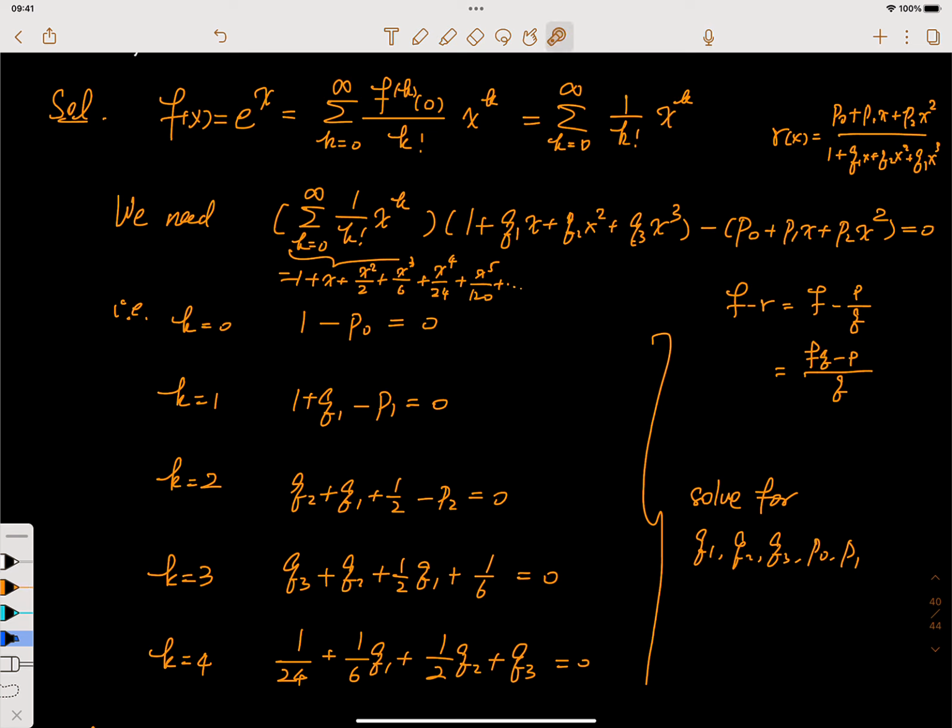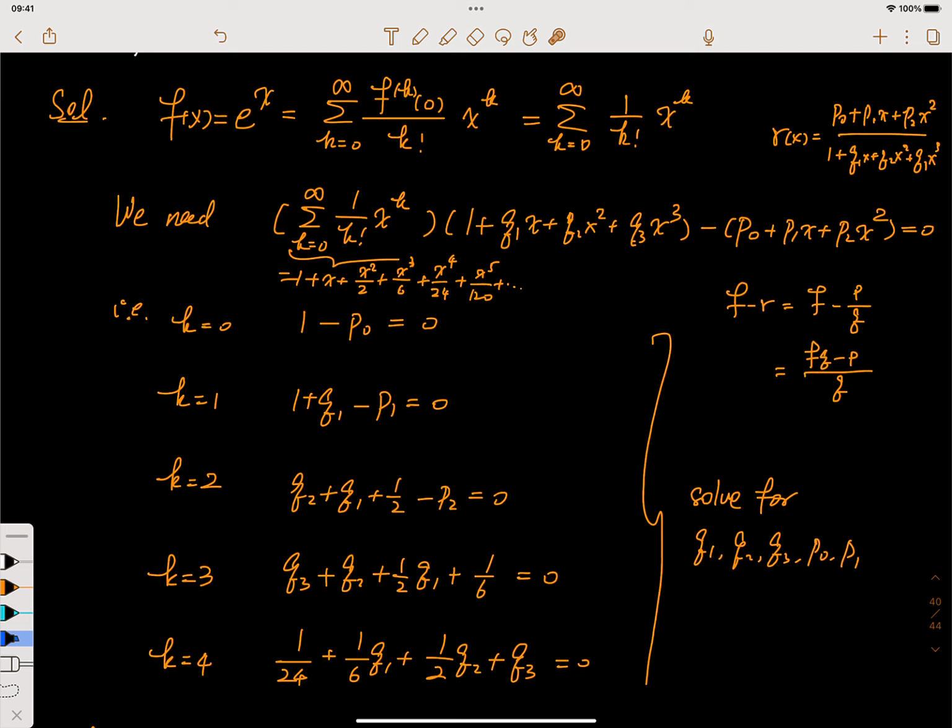So the f is this, the p is this, the q is this. If we want to show that when you take a derivative up to the fourth order it's always equal to 0, we just need to show that this numerator's derivatives up to the fourth order are equal to 0.